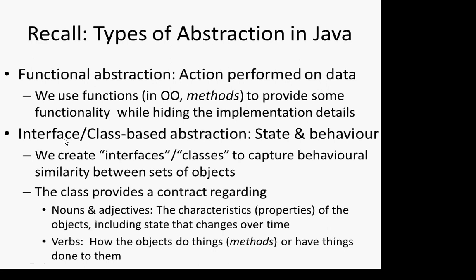And we're going to be creating interfaces or classes that capture behavioral similarity between sets of objects. So we can just refer to an array directly, but sometimes we want to wrap that array up with some other information. Maybe it's the size of the array. Maybe it's what its initial value should be. Maybe it's other aspects of the situation. We can wrap that up in a class.